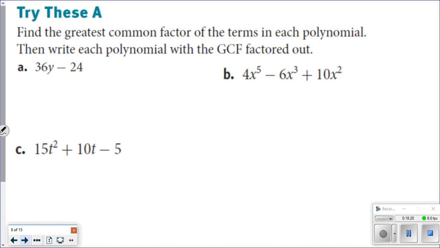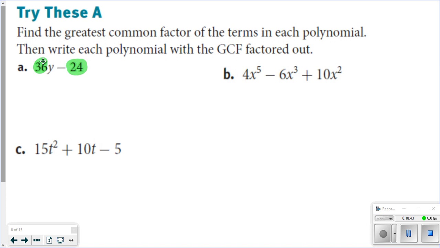We are going to find the GCF first, and then I need to factor that out. So let's look at our numbers. I have 36 and a 24. So start at 24 because that's the lower number of the two, and try dividing those by 24.